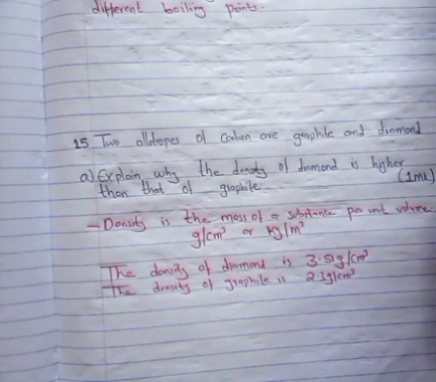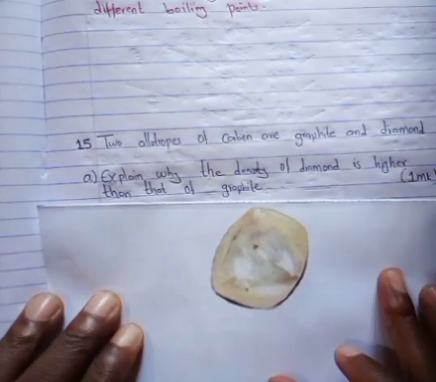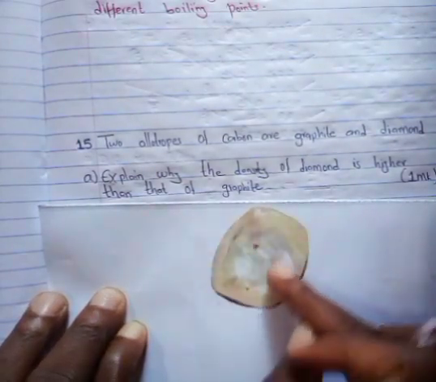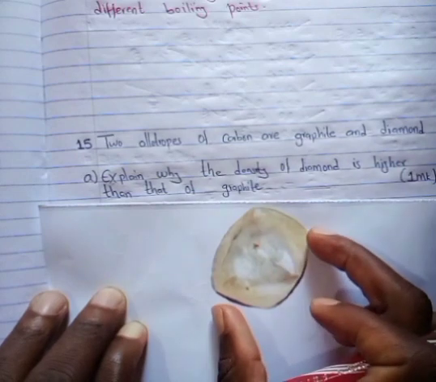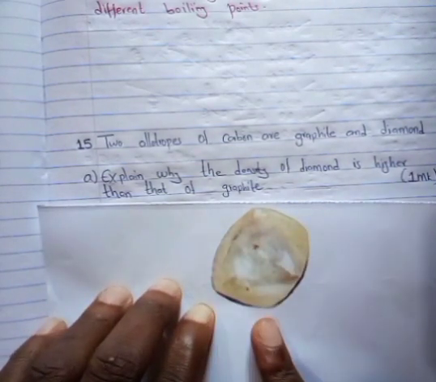Before we give the reason, let me show you the structure of diamond and the structure of graphite. This here is the structure of diamond. It is a very close packed element that is shiny. That's the structure of diamond.